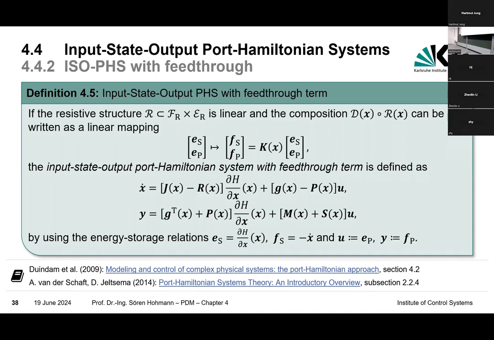We have an interconnection between the Dirac structure and the resistive part, because some of the variables, efforts and flows, are cancelled out. We know that the Dirac structure can always be represented in input-output relation. Remember, something we did last time, I think.